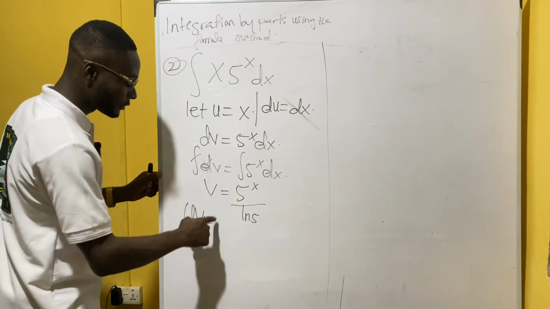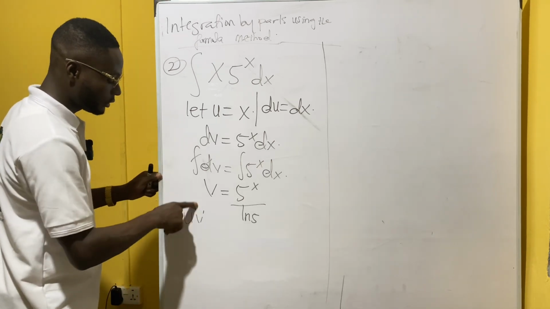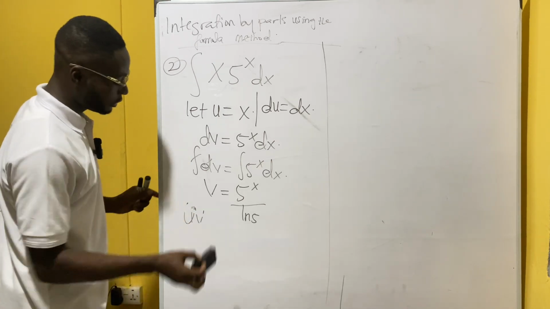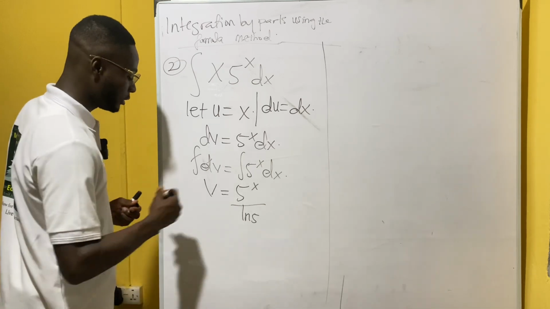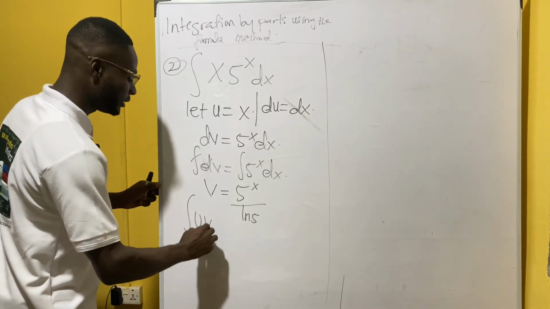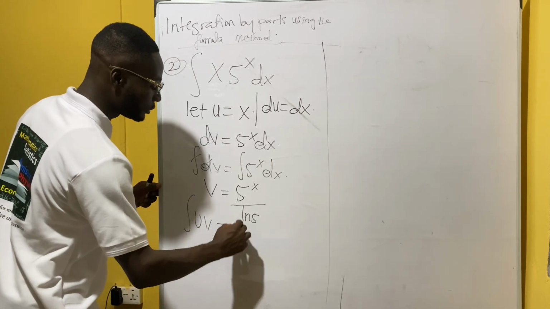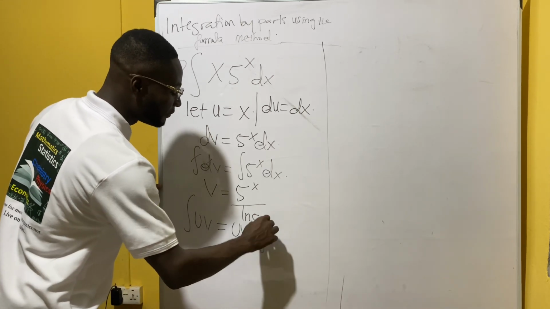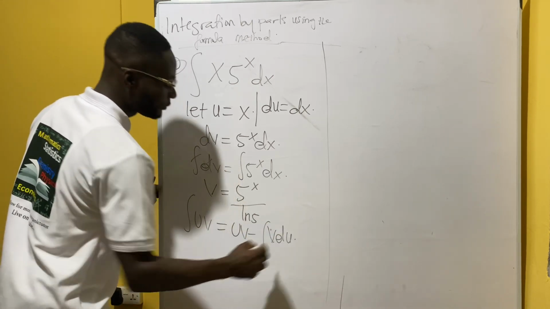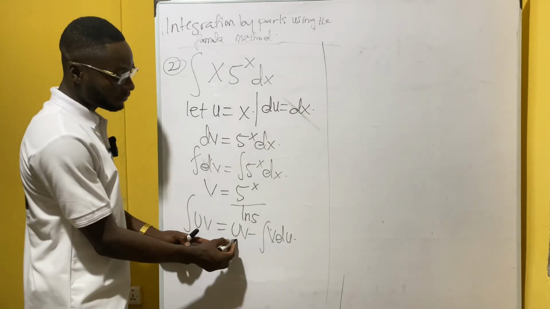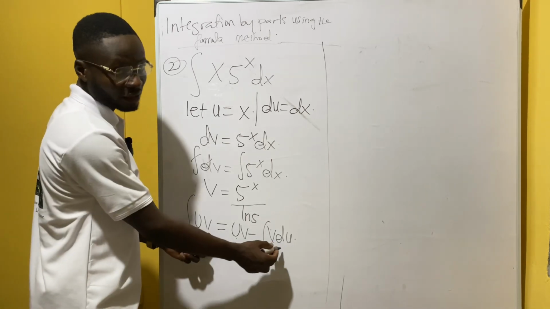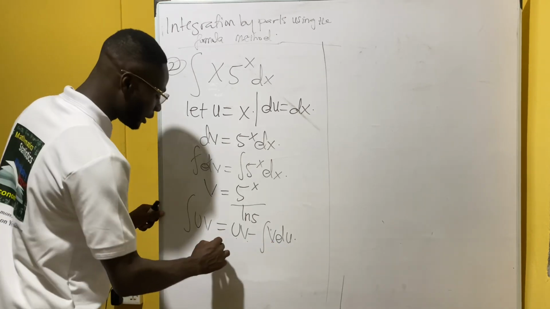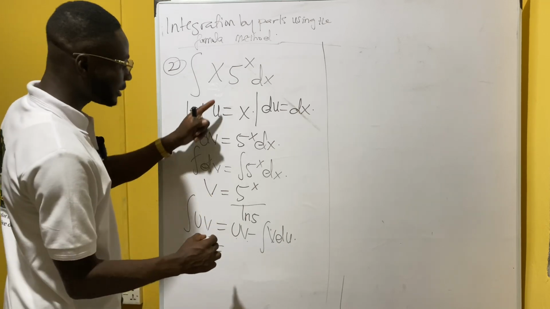The integral of u dv should be equal to uv minus integral of v du, right here. Now we have our u, we have our v, we have our du. Good. So we can put in the parameters.